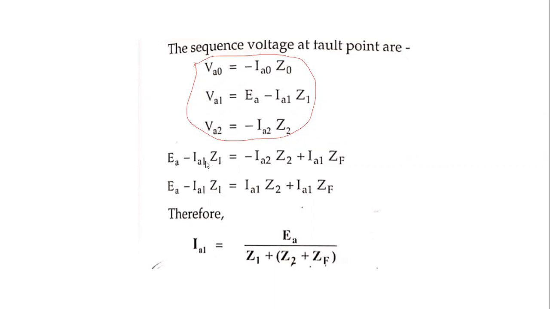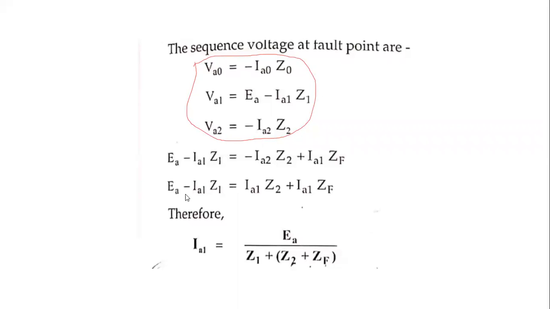So VA1 is EA minus IA1 into Z1, which is equal to minus IA2 into Z2 plus IA1 into ZF.